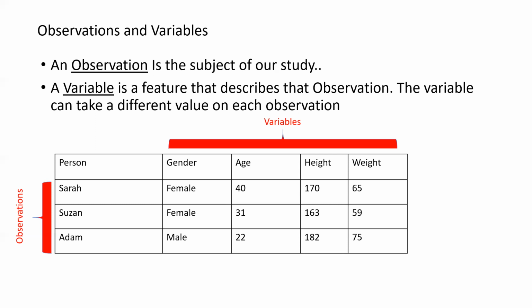You can see that each line is related to one person, and the variables such as the gender, age, height, and weight change depending on the person in question. Such kind of information can help us study the body mass index for a certain person, for example, and to advise them accordingly if they are under the normal weight or they are overweight or obese, etc.